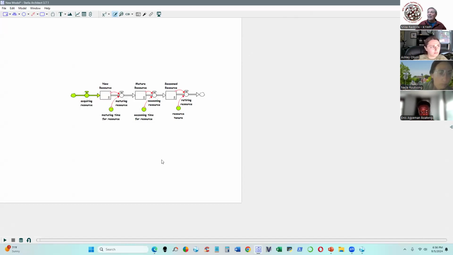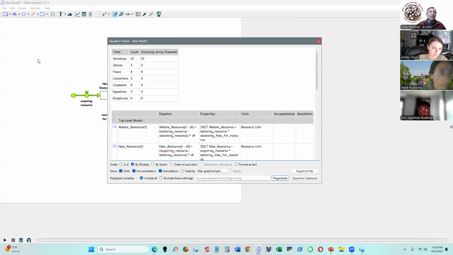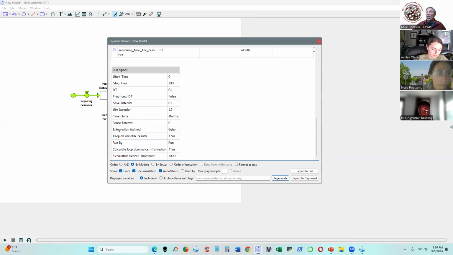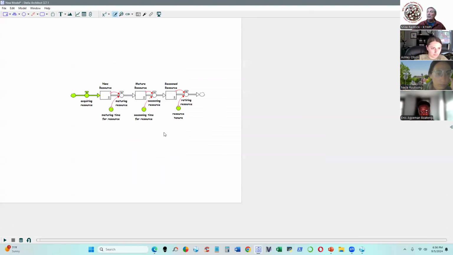There it is. And all the equations are there, right? So I could have stared at my screen and invented this, or I could have said, I need something like this at this part in the model.